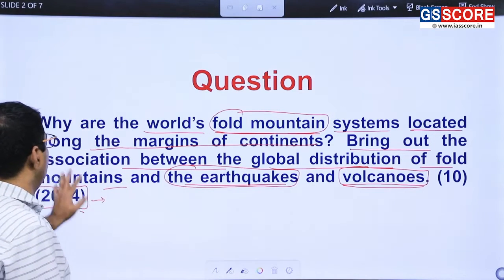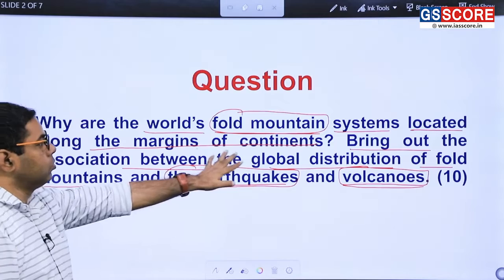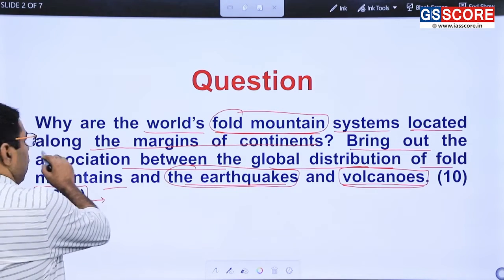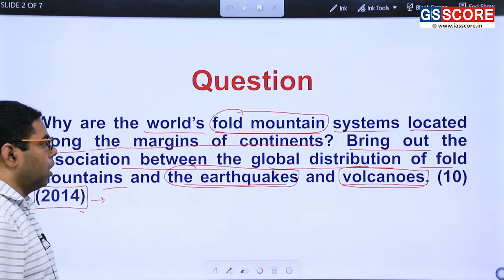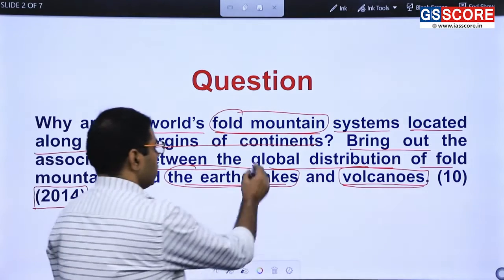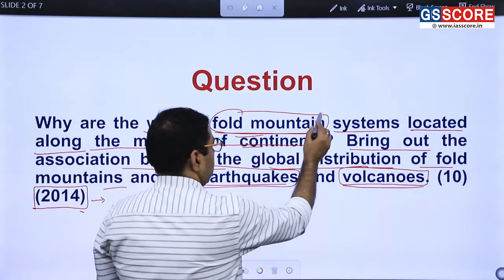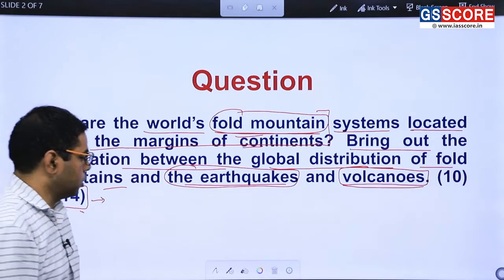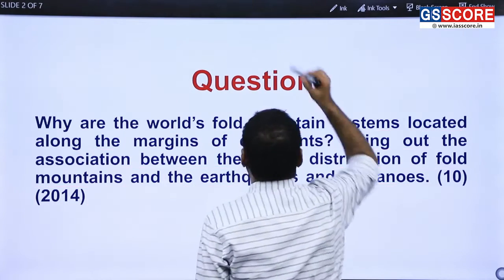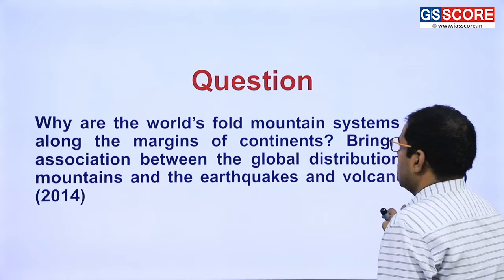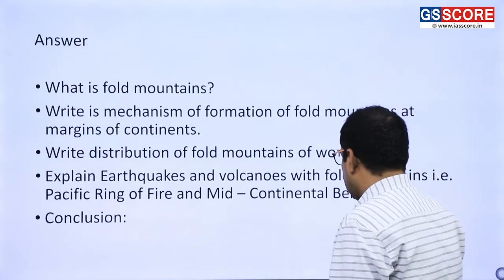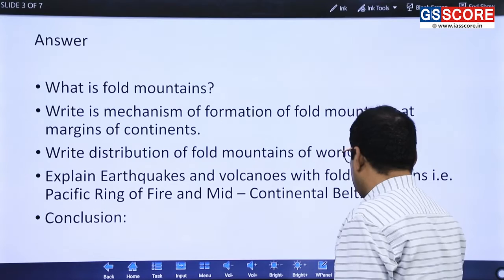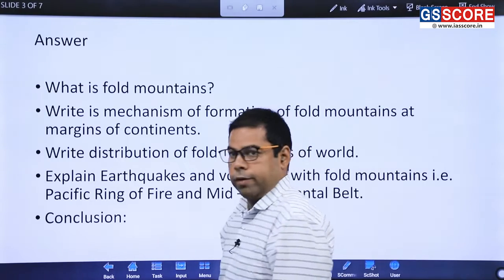So these three topics have been asked in one question only. The question is, why are the world's fold mountain systems located along the margins of continents? We have to first explain this part. The answer framing will be in this format.